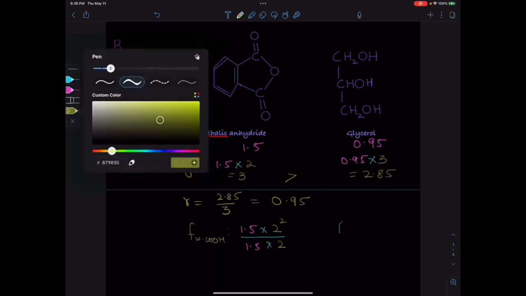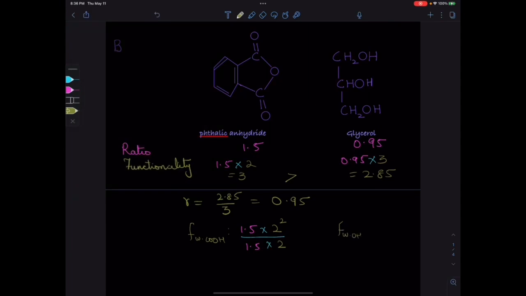Similarly, the weight average functionality of hydroxyl group is going to be 0.95 times 3 squared divided by 0.95 times 3. Okay. So if we do the calculation, we get the functionality of carboxylic group to be 2 and the functionality of OH group to be 3.